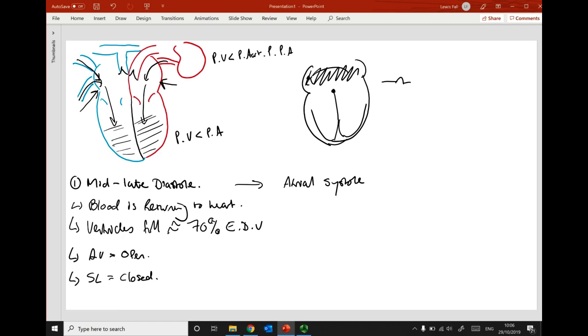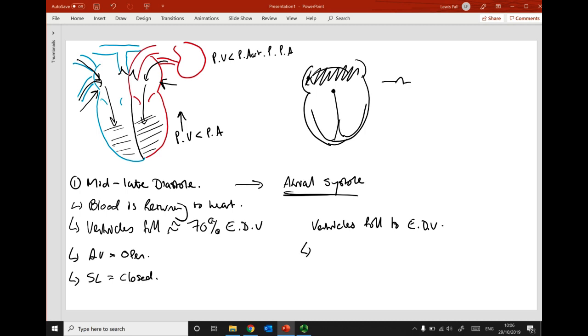So the pressure inside the ventricles is going to go up. So in atrial systole, blood is still returning to the heart, and the ventricles now fill to their end diastolic volume, because we're coming towards the end of diastole as we're starting to do systole.